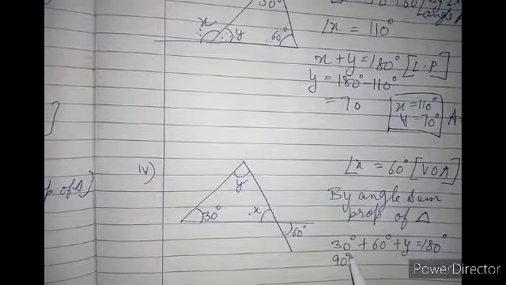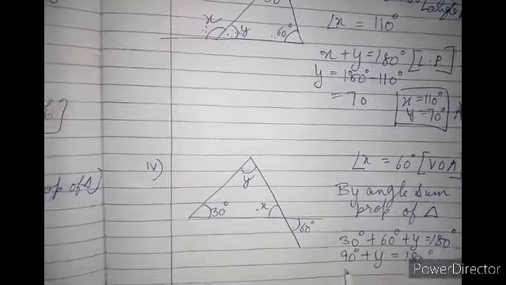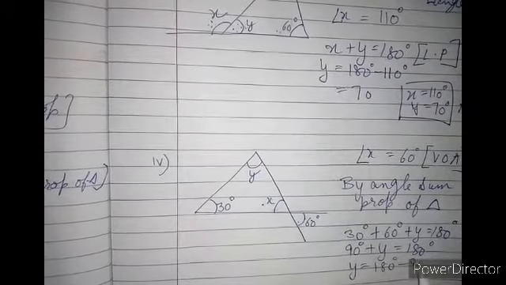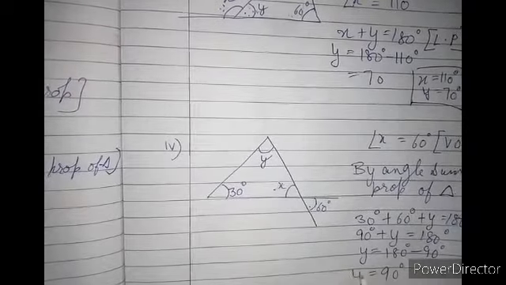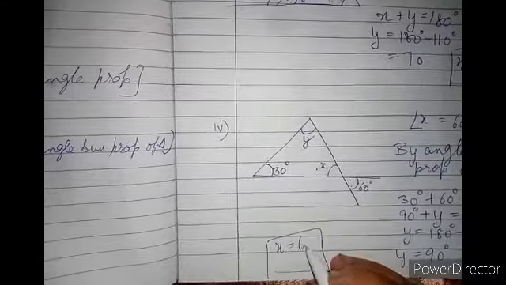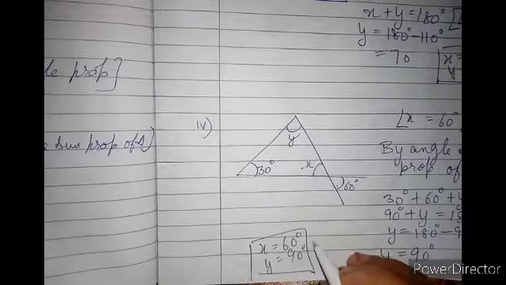So 90 plus y is equal to 180 degree, and from here we get y is equal to 180 minus 90 degree, which is 90 degree. So what are the answers? X is 60 degree and y is 90 degree.